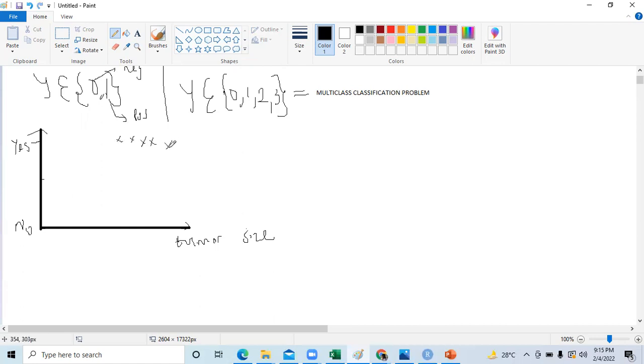So we have this here, and then on the no part we have this. This is just to show you how the logistic regression output variable looks on the graph.